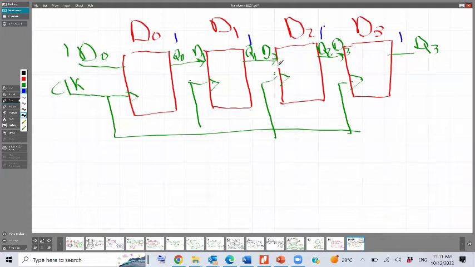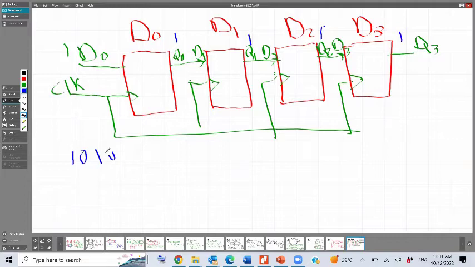What will happen if I input to D0 1 0 1 0? I will get that trail. But at the end, I will have just zeros, unless you have something else.